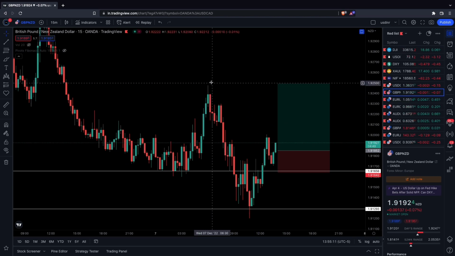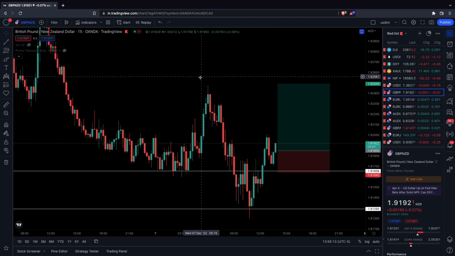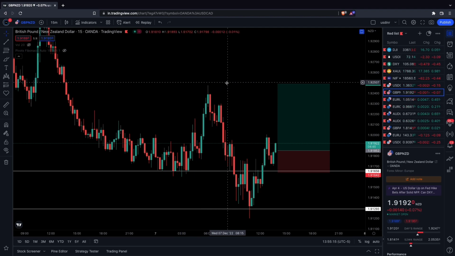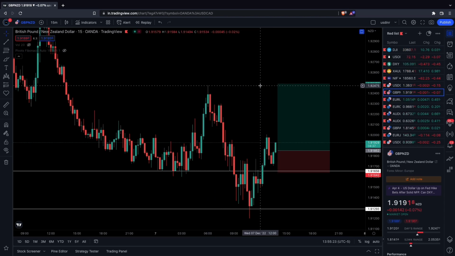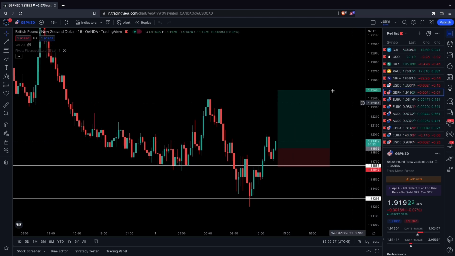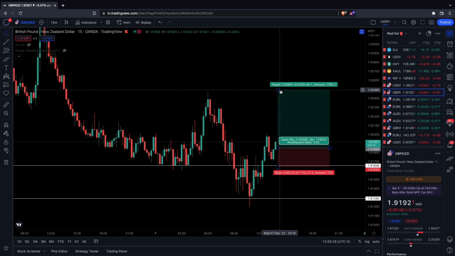There will be people who would have sold over here and placed their stop losses somewhere here. So we are looking to take those stop losses out, and there will also be people who would have placed limit orders for buying over here, and those are some of the orders as well that we want to take out, and that is going to be our next potential target.